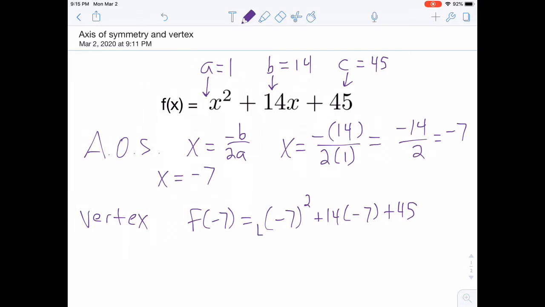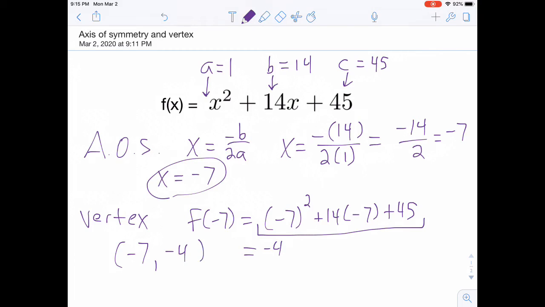The benefit of having a graphing calculator is that I can plug this in and I get negative 4, which means my vertex, taking the x value from my axis of symmetry, is negative 7, negative 4. So that would be my turning point.